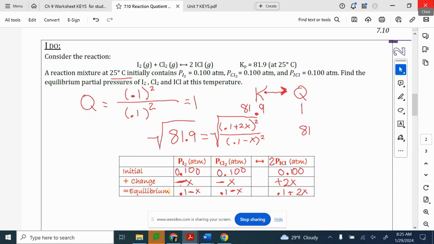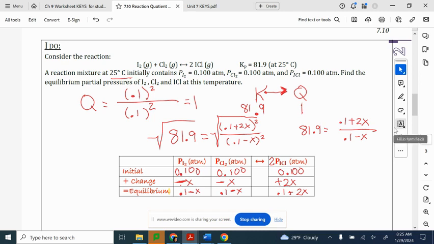That means 81.9 is going to equal 0.1 plus 2x over 0.1 minus x. I took the square root of both sides, so that got rid of the squares here.